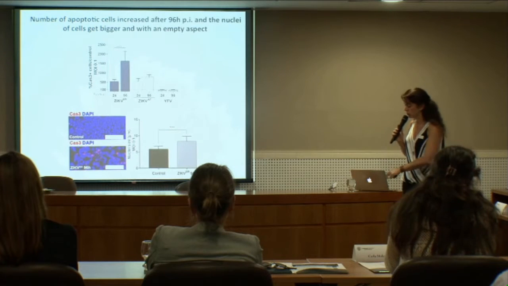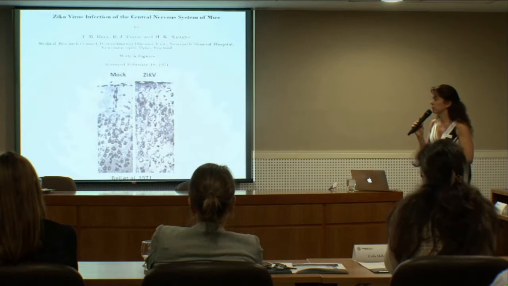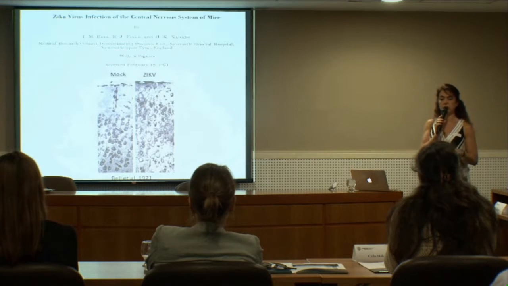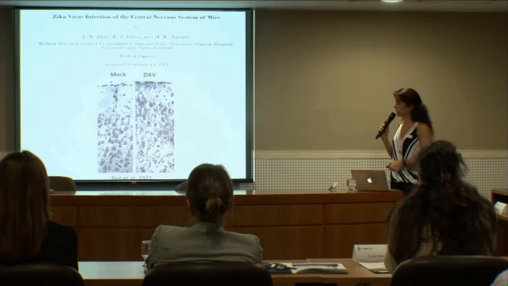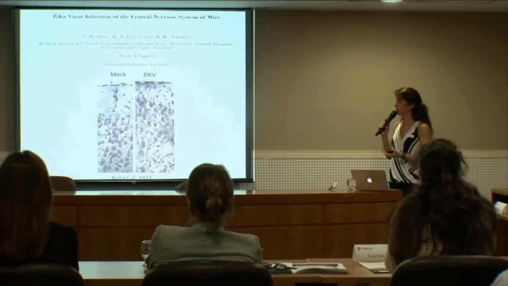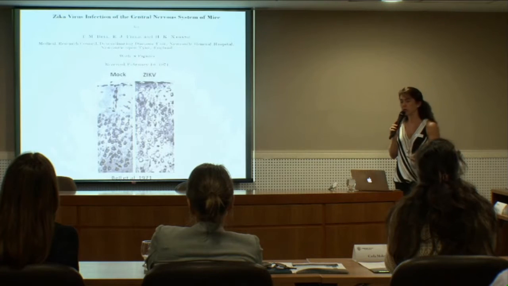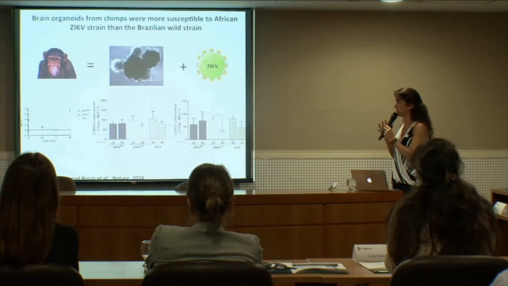So this was in vitro, but in 1971, Bell presented this paper with similar results, but injecting the virus inside the brain of 2-day-old mice. So we have the same effect, but in vitro. This is something to make us proud, because we don't need to do this in vivo assay to see the same thing.